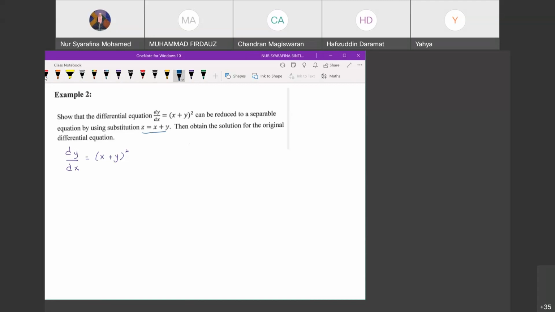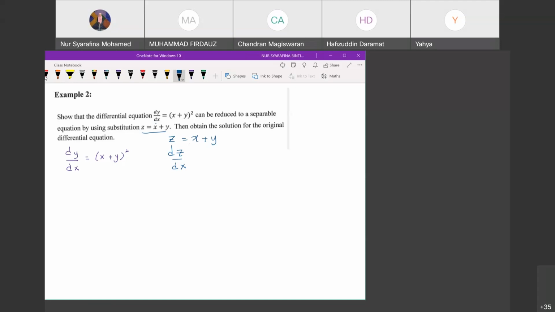Given z equals x plus y, differentiate z with respect to x. We have dz/dx. From dy/dx here, x is independent, so we want to make x independent here also.